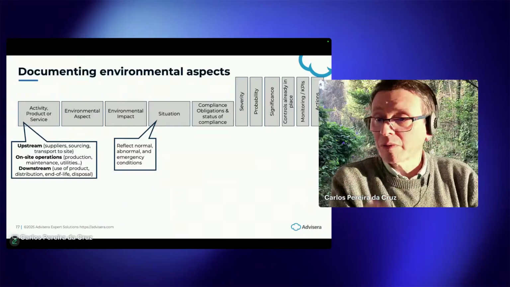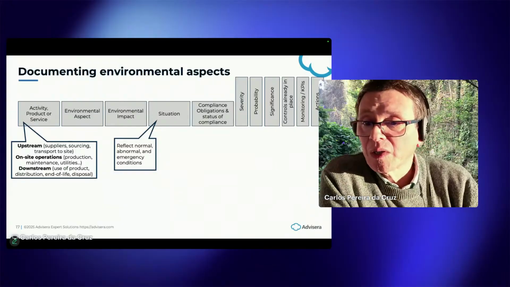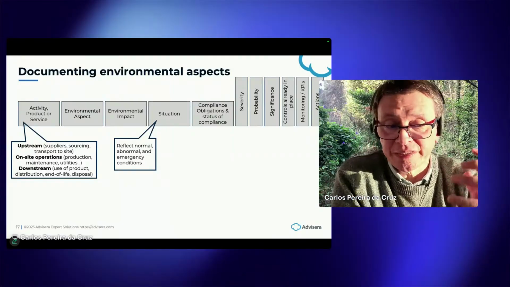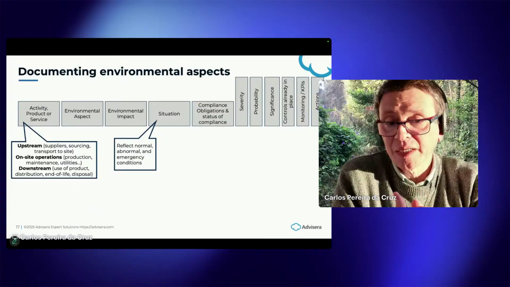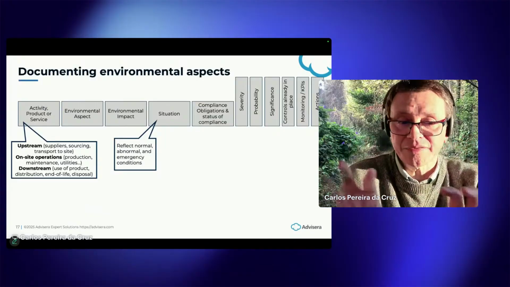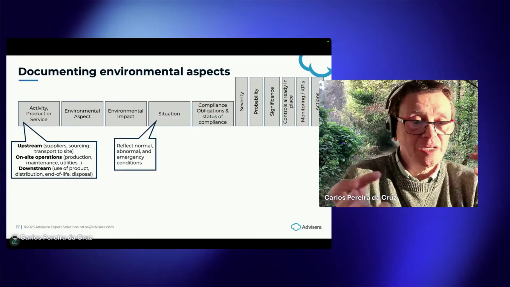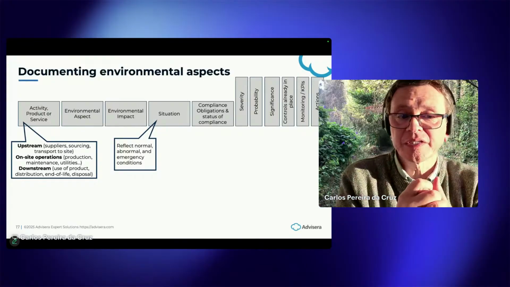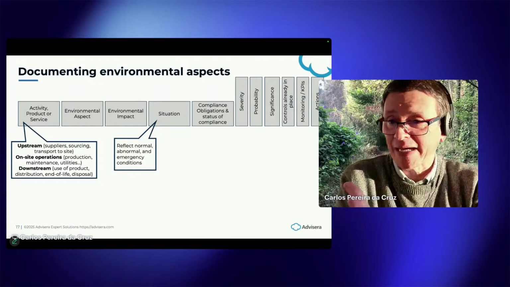So this type of register is usually presented in a single table or matrix because it provides a clear line of sight between operations, risks, and controls, exactly the transparency ISO 14001 expects.